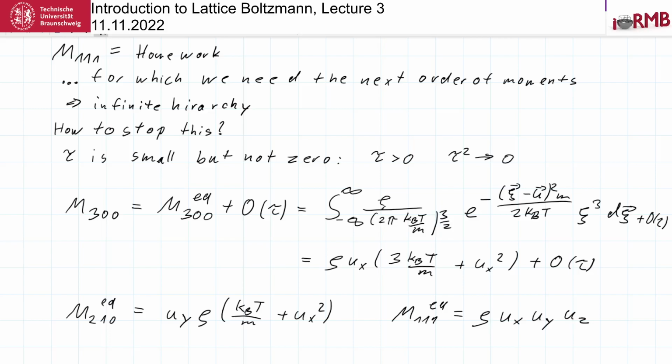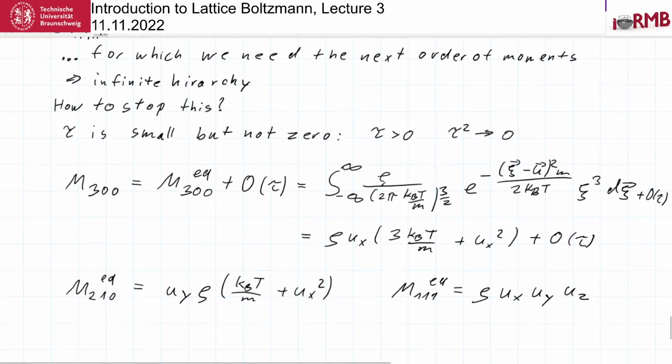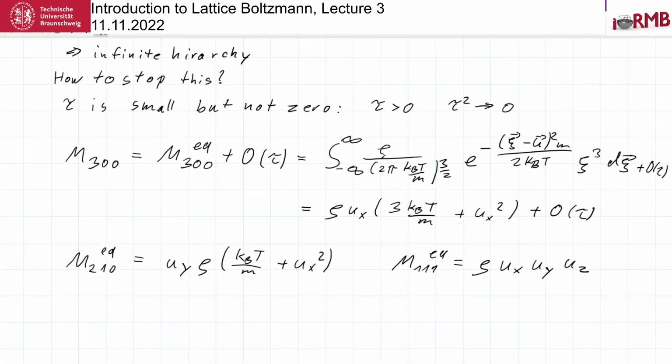Now this we can put into our equation and derive the Navier Stokes equation. Unfortunately, unless you had the feeling that this is complicated, I have to inform you that from here on it gets pretty complicated.